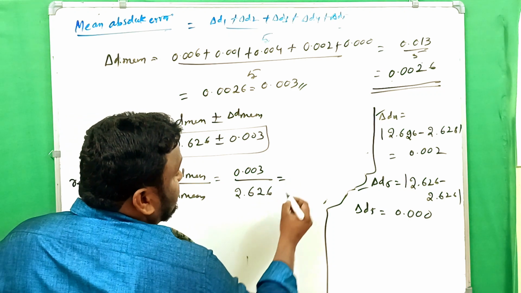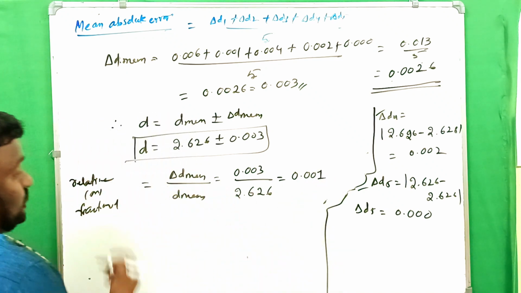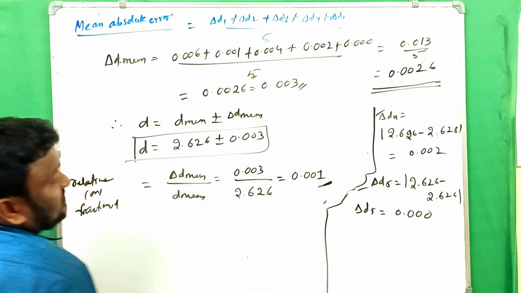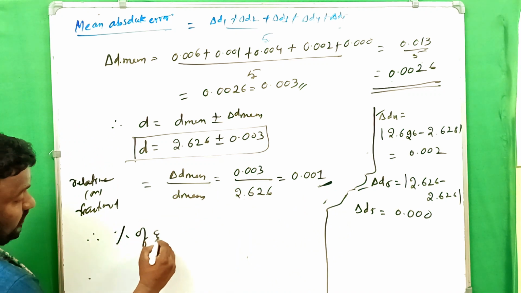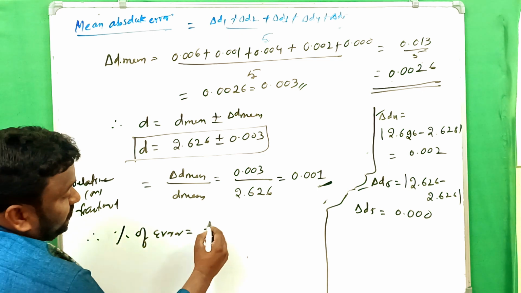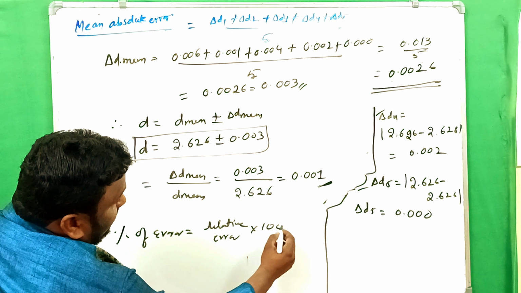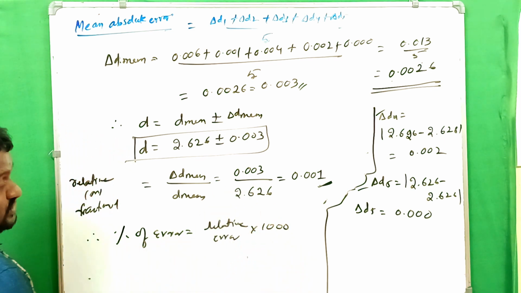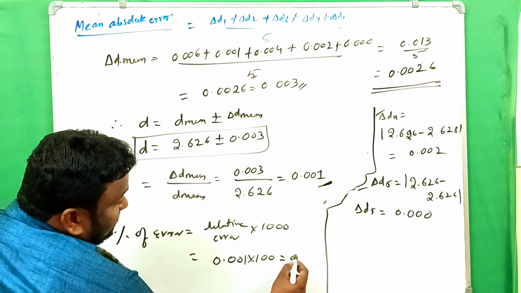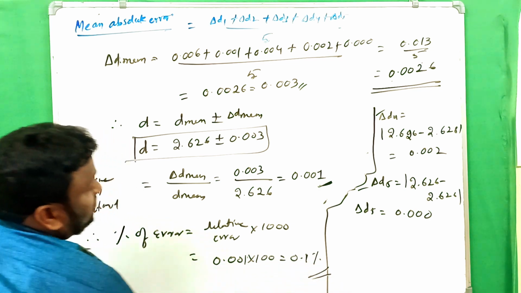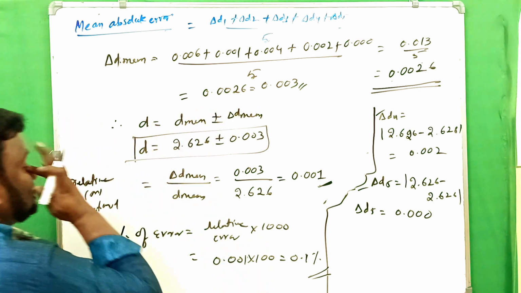That is equal to 0.001. Clear? So that is the relative error. Therefore percentage error is relative error into 100. So 0.001 into 100 is 0.1 percent. How much error is there? 0.1 percent. So in this way we can do the calculations.